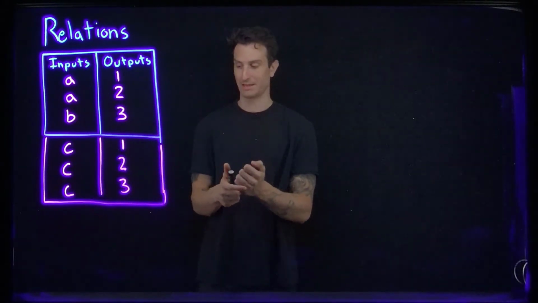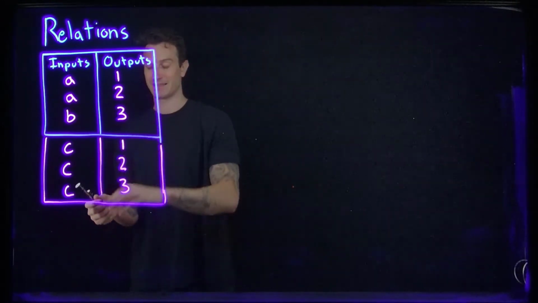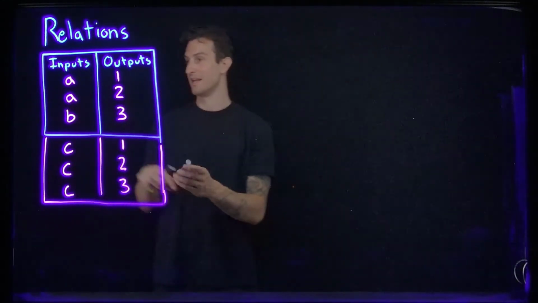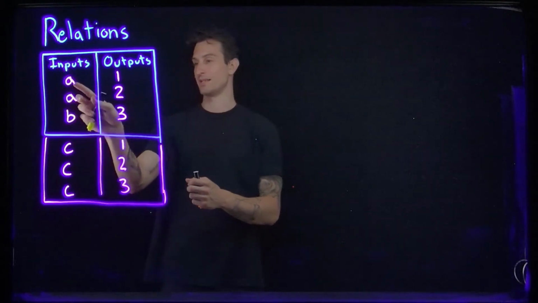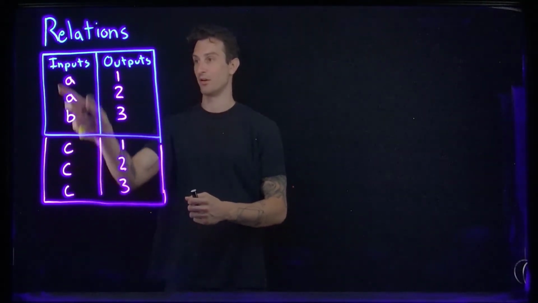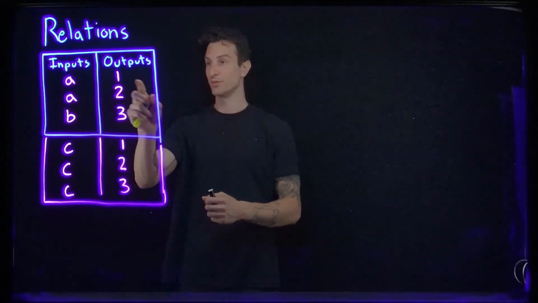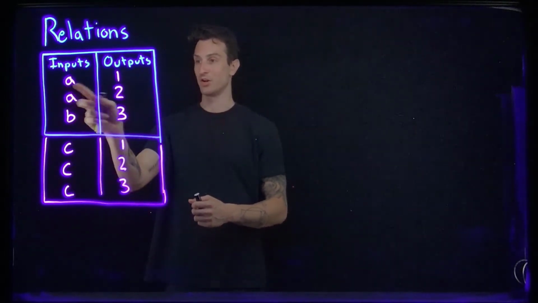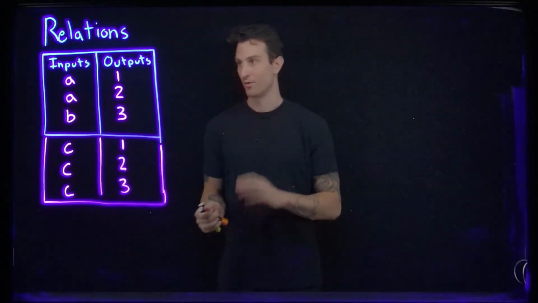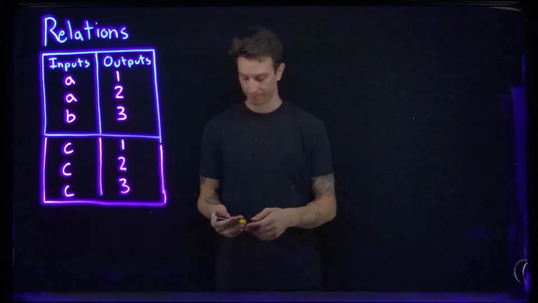There's no limit. I'm not going to write this out in roster form and set form. But the key thing here that's a dead giveaway is that if any of the objects in our domain, our inputs, go with multiple outputs, so A goes with 2 different things, C goes with 3 different things, I know that's going to be a relation.